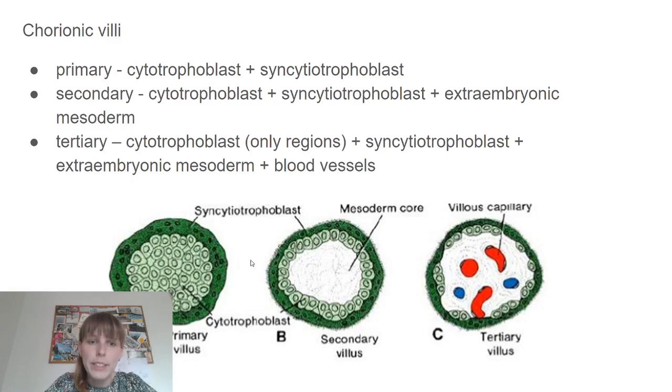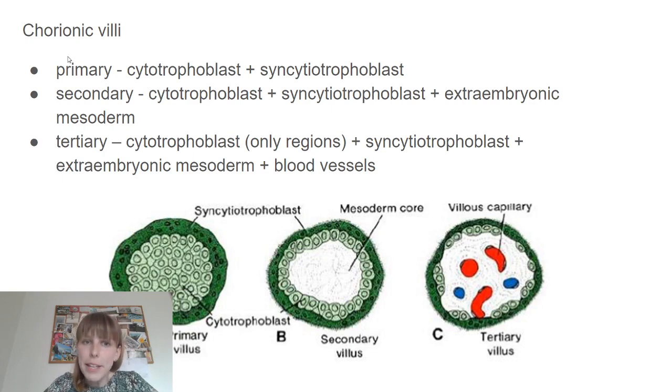And the villi you can imagine similarly to what, for example, we saw in the small intestine. So like appendages coming from the wall, which are just freely floating in the surrounding space.